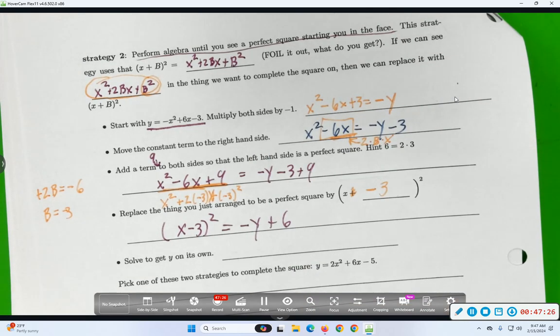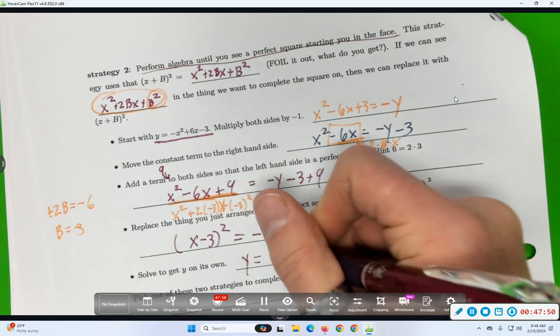But I don't want an equation like that. I want an equation that has y on its own. I want y equals. Is it easy to turn that back into a y equals equation? Yeah, just add y to get it to the other side and subtract the square to get it to the other side.